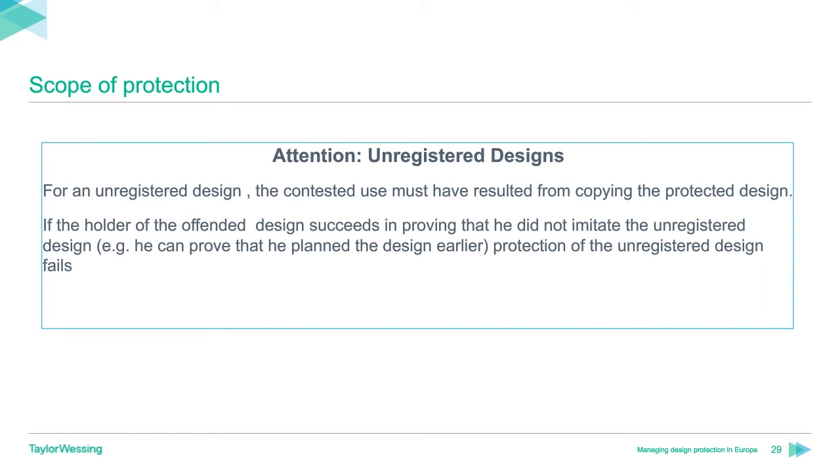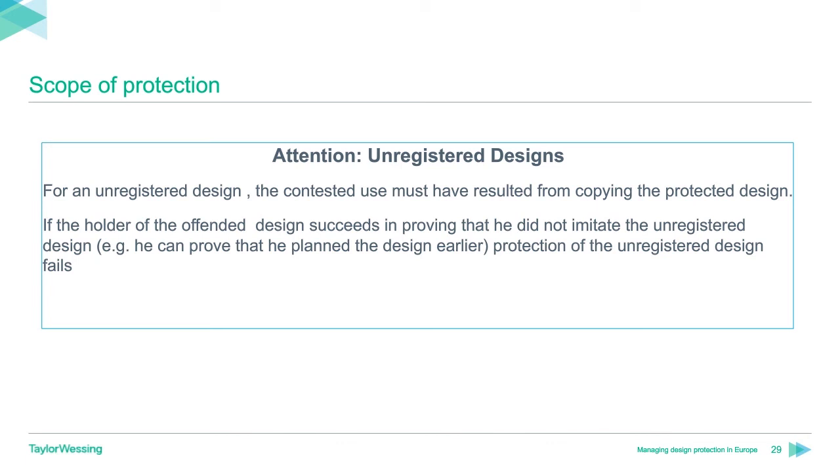Please pay attention when attacking based on an unregistered design or receiving an attack, because for an unregistered design, the contested use must have resulted from copying the protected design. So if the holder of the offended design succeeds in proving that he did not imitate the unregistered design, for example, he can prove that he planned this design earlier, protection of the unregistered design fails.